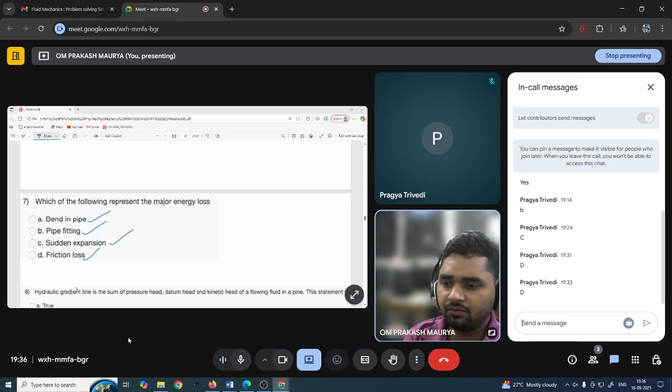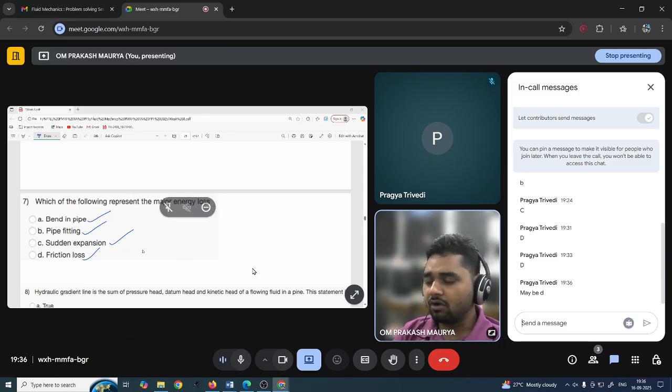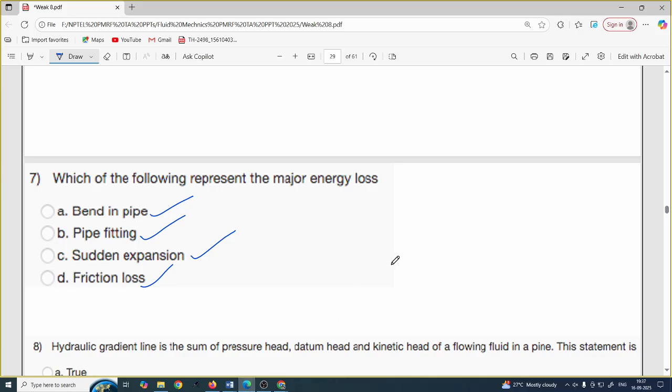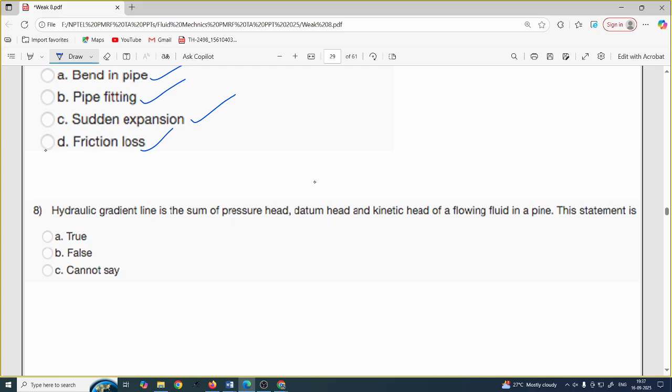So please just try to think. If you do not know, you can also Google. Okay, maybe D you are telling. Yes, D is the correct. Because of the friction, there is a lot of loss in the pipe flow. Yes, correct. D option will be the correct.